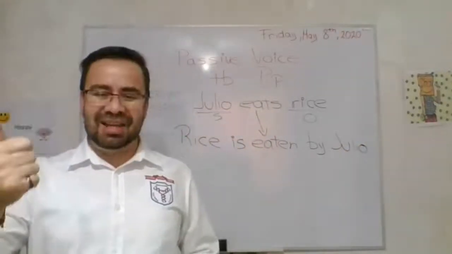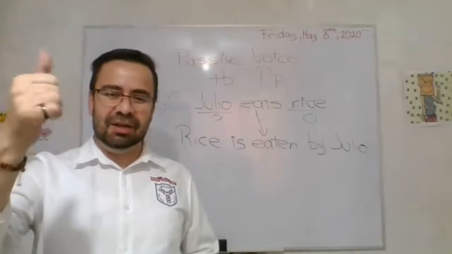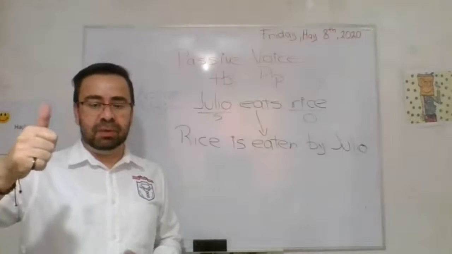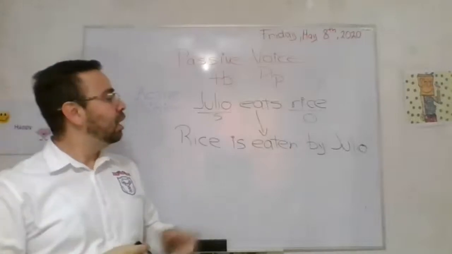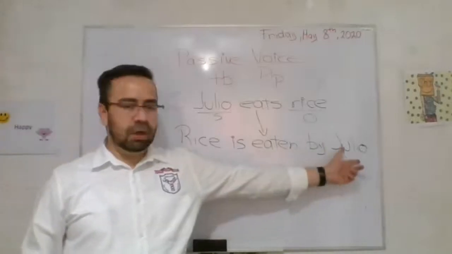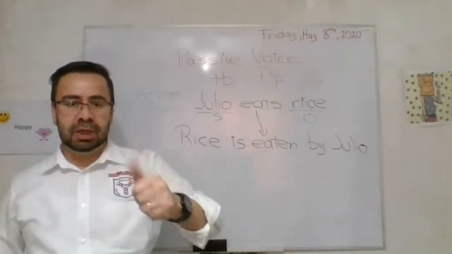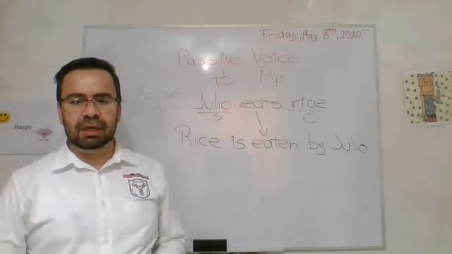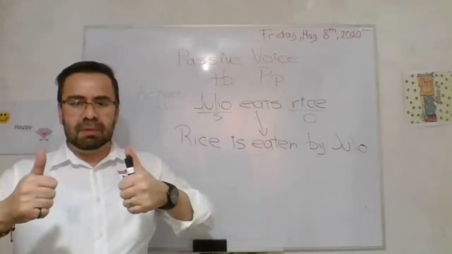Okay, rice is eaten. Correct. So now we could change eaten. Very well, past participle. Rice is eaten by Julio. Thank you very much. This is the passive voice, a little bit easy. Everybody's good.